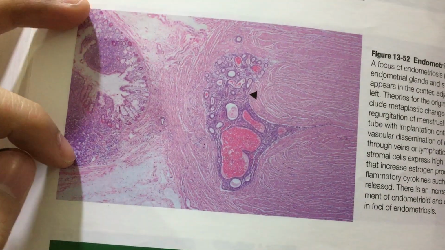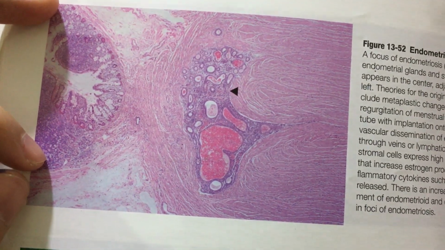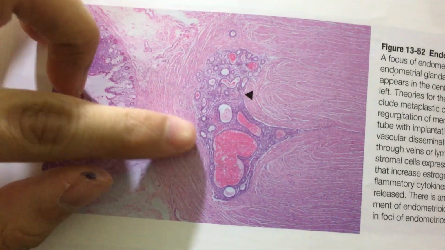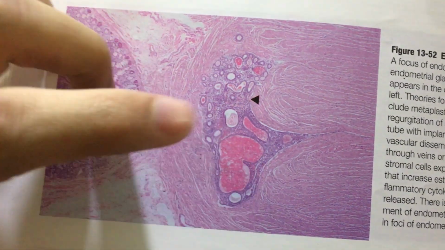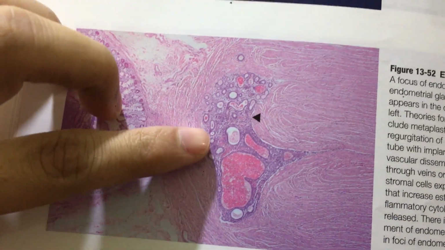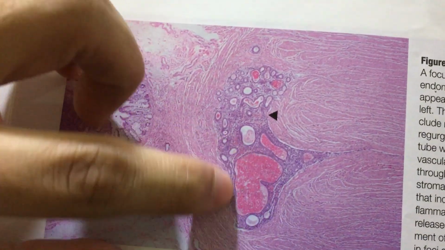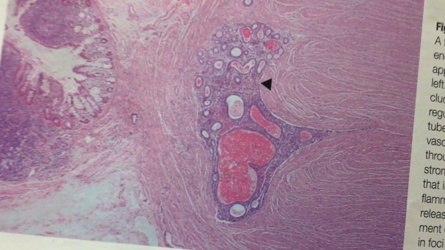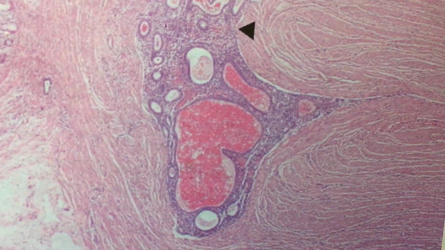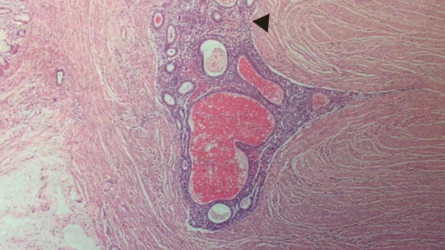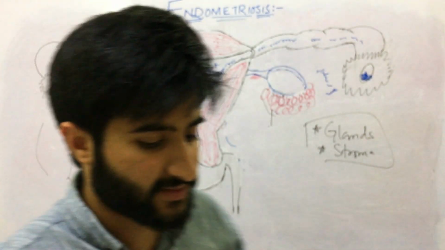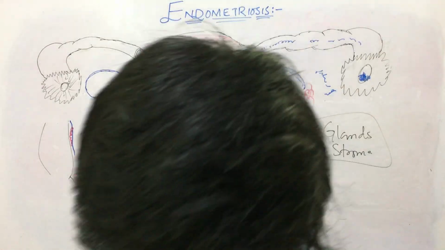This is a microscopic picture of endometriosis. You can see that glands are present over here, and these glands are surrounded by stroma, and you can also see this region. What is this? This is blood deposition, and this blood will then lead to the formation of hemosiderin and then the chocolate cyst appearance.